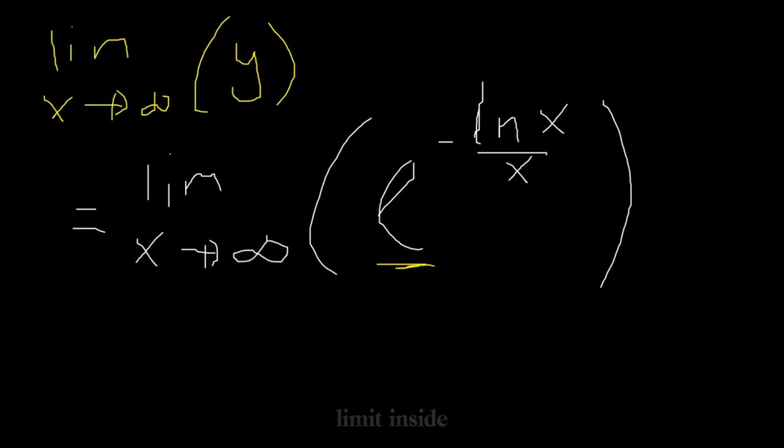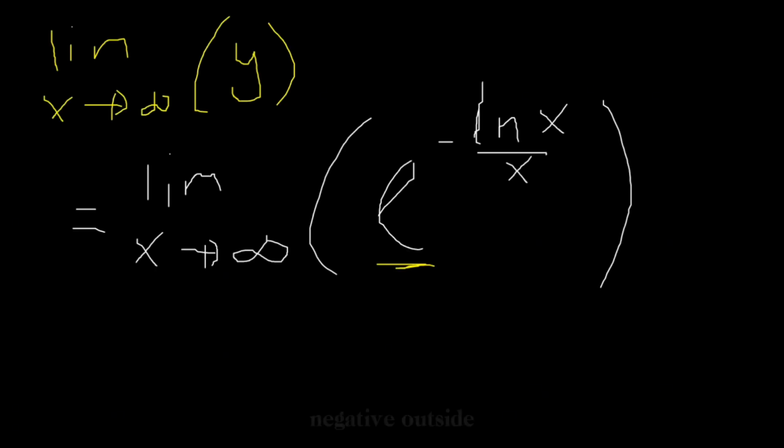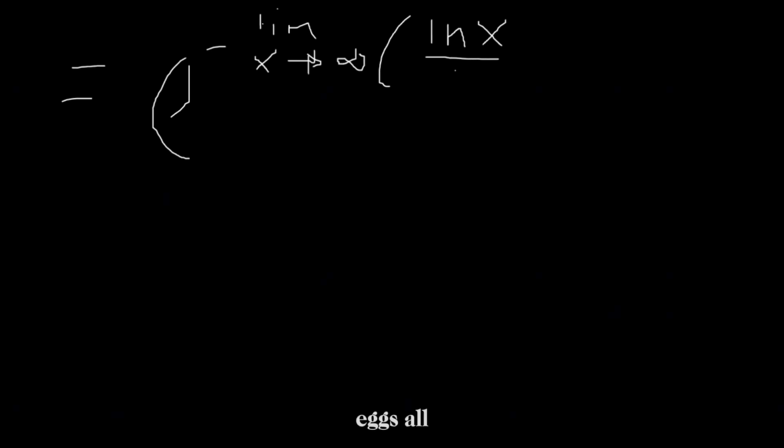We can just bring this limit inside, and that will be equal to e to the negative limit as x tends to infinity of ln x all over x. We just put the negative outside because nothing will affect it.